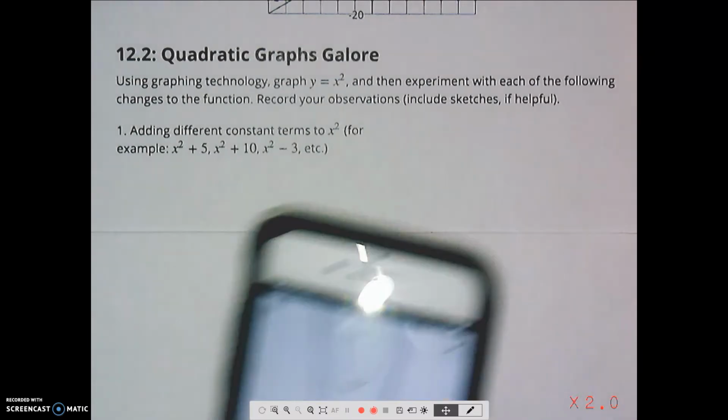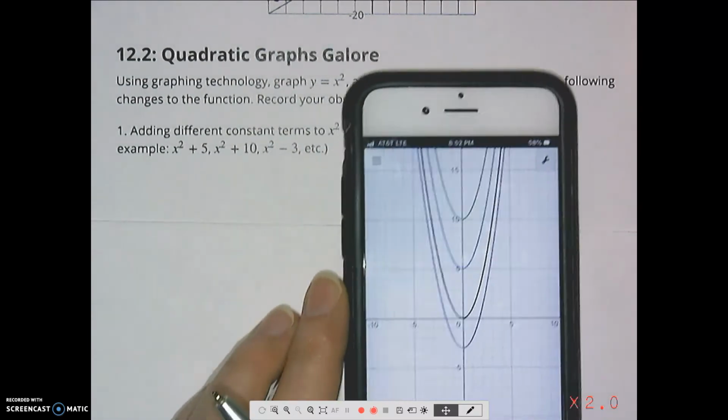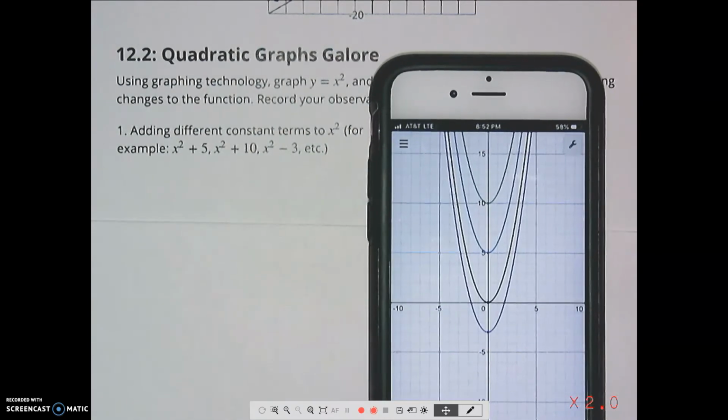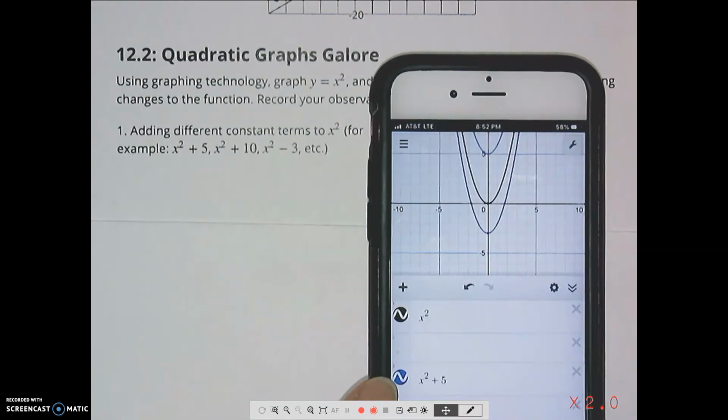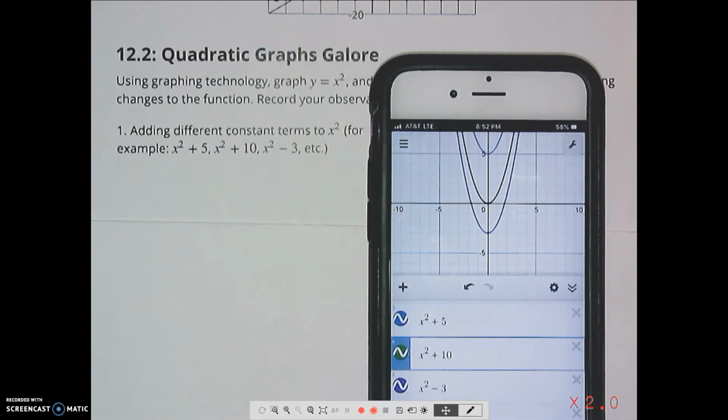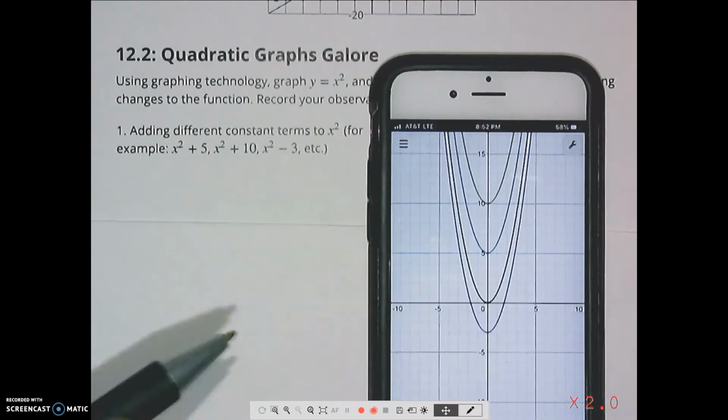I have x squared graphed. The blue function is x squared plus 5. The green function is x squared plus 10. And the purple function is x squared minus 3.